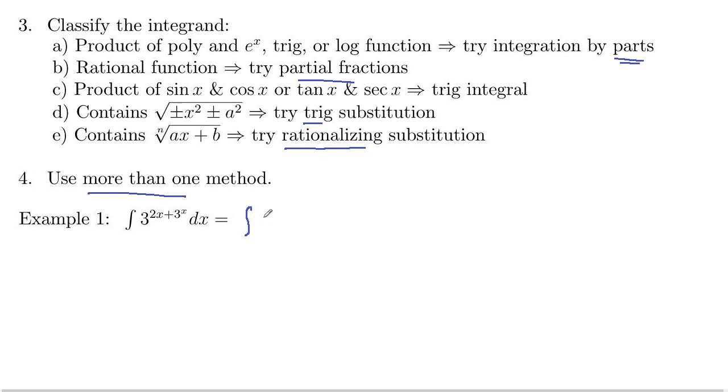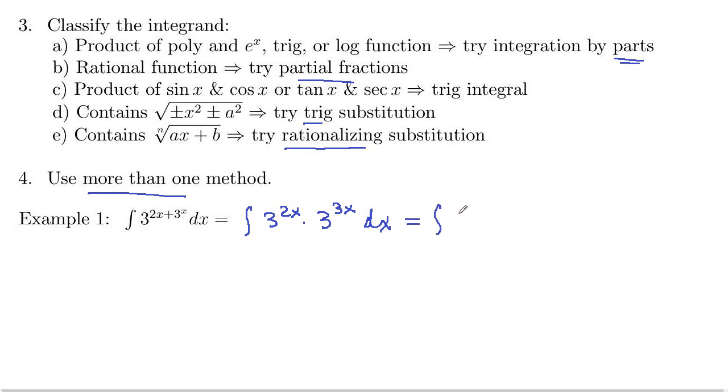So this is equal to the integral of 3 to the 2x times 3 to the 3 to the x dx. And then 2 times x came from a power to a power.